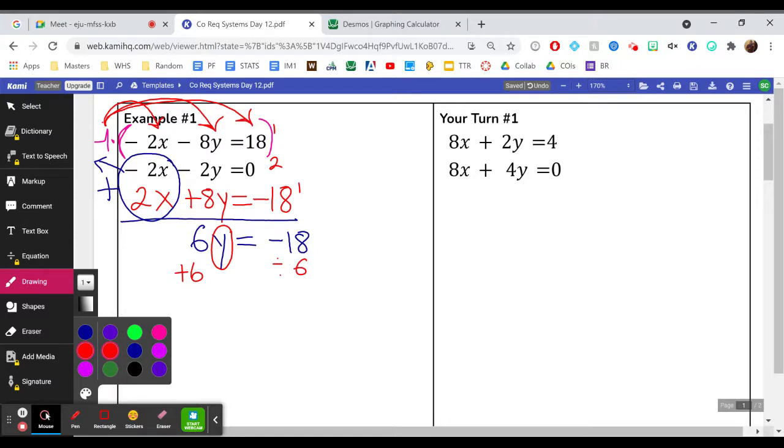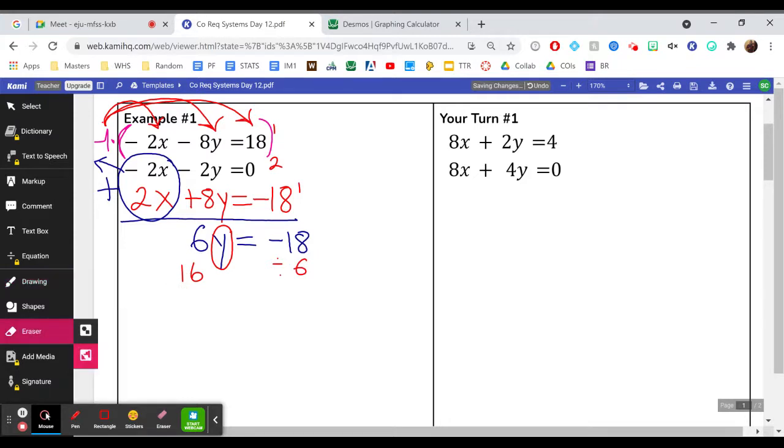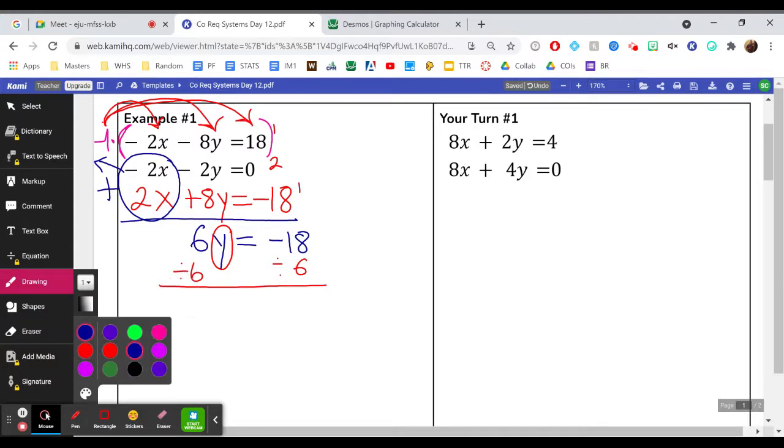So divide both sides by 6, and that gives me y is 6 divided by 6, that's a 1. I don't need to write that, so it's y by itself. And -18 divided by 6 is -3. And that is the value of y.